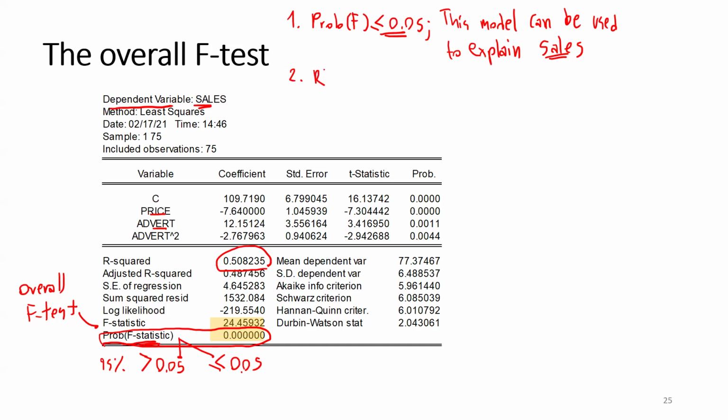So R squared equals 0.5082, which means 50.82% of the data fit the model. So the first step, F, tells us overall the model is okay. Second, it's good, it can explain well, by 50% something.